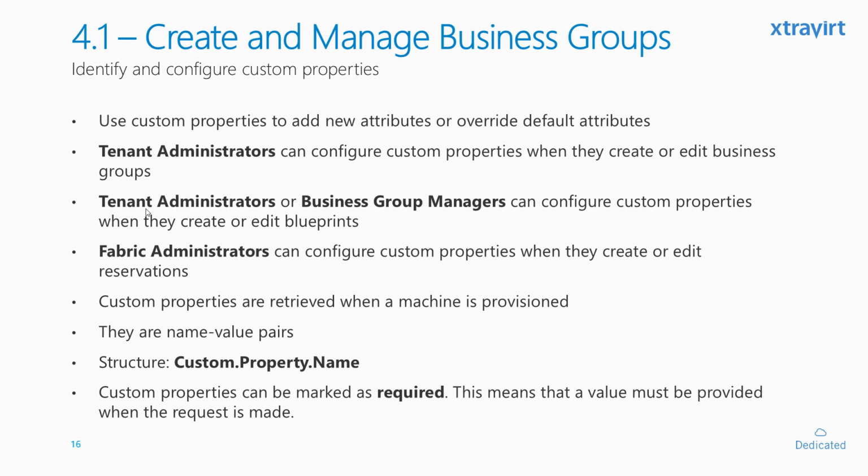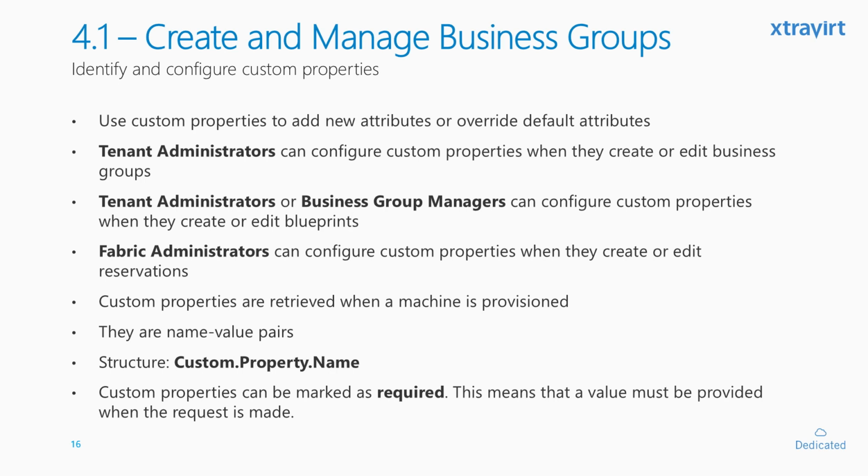Again, this is probably the most common place to do it, and it's where you can begin adding build profiles, and you're consuming then sets of similar custom properties, that all adhere to a certain task. Fabric administrators, they can configure custom properties when they create or edit reservations.